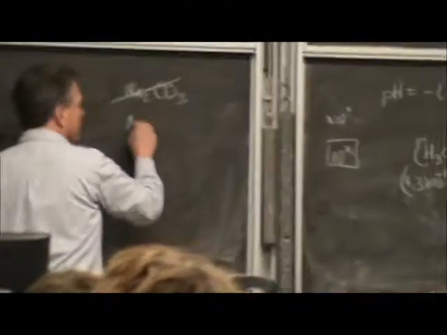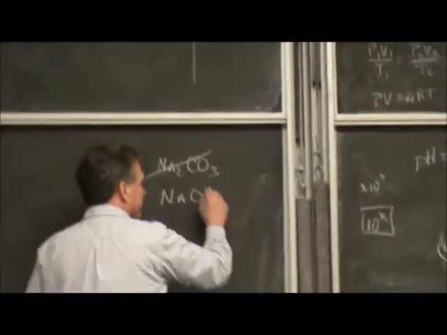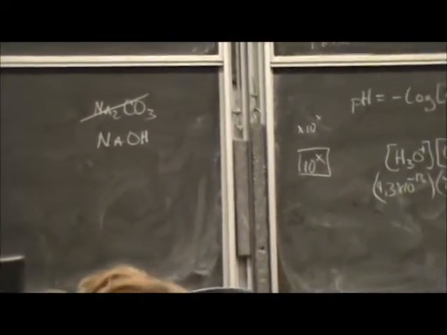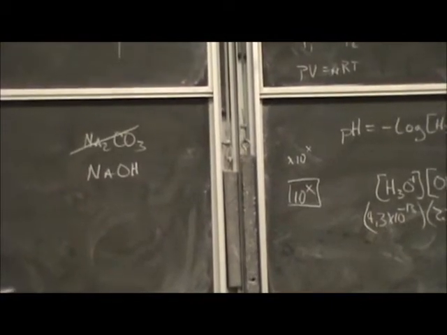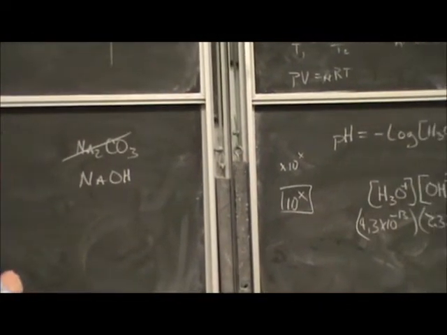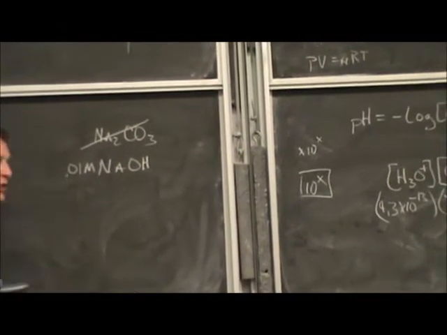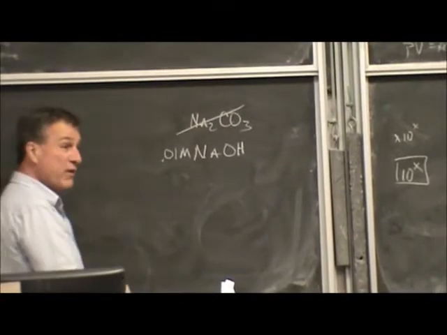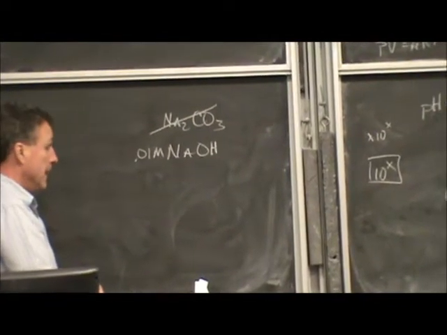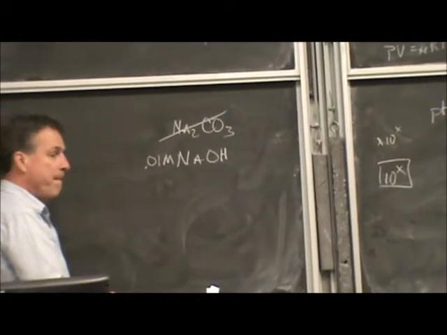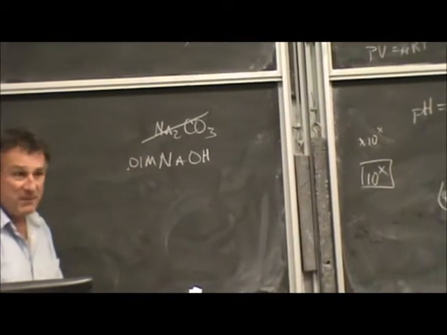But if I add sodium hydroxide to water, I will be able to do that. So if I add enough sodium hydroxide to water to make a 0.01 molar solution of sodium hydroxide, what is the concentration of hydroxide ion? 0.01.